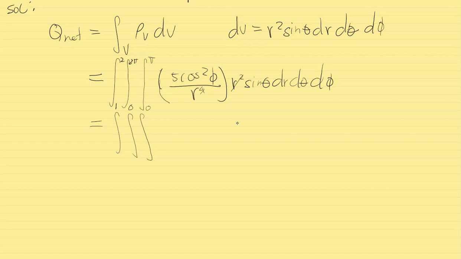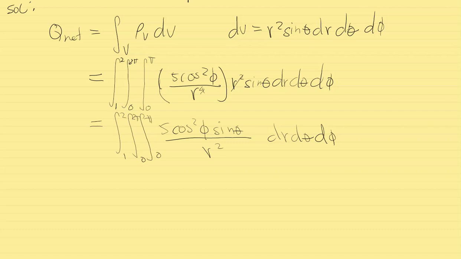So 5 cosine squared phi sine theta all over r squared dr d theta d phi, with r from 1 to 2, theta from 0 to 2 pi, and phi from 0 to pi.